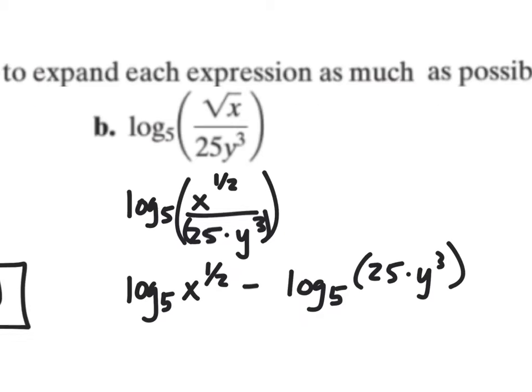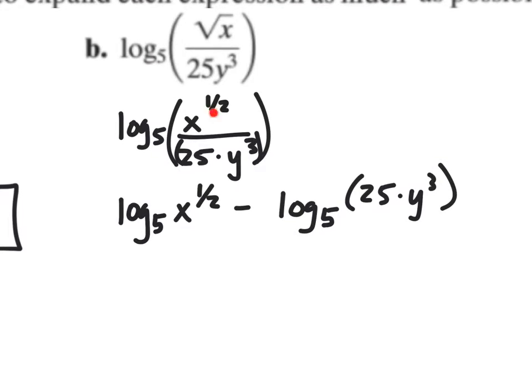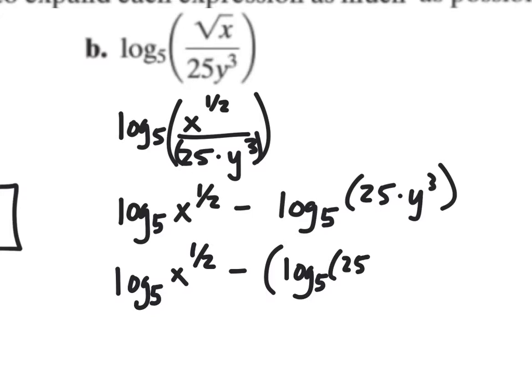So now we've done this first initial expansion, where I've done my numerator and my denominator and subtracted the two. Now what I'm going to do is separate this out. Now when I do that, because this is a group, log base 5 of x to the 1/2 minus, I'm going to put a parenthesis around this, and I'm going to do log base 5 of 25 plus log base 5 of y cubed, and put a parenthesis around that.